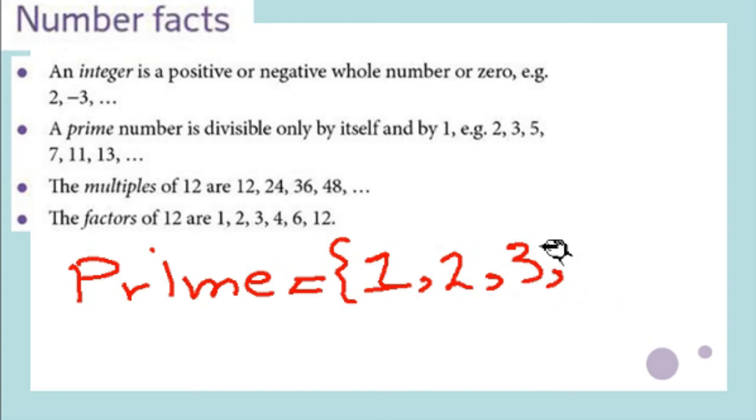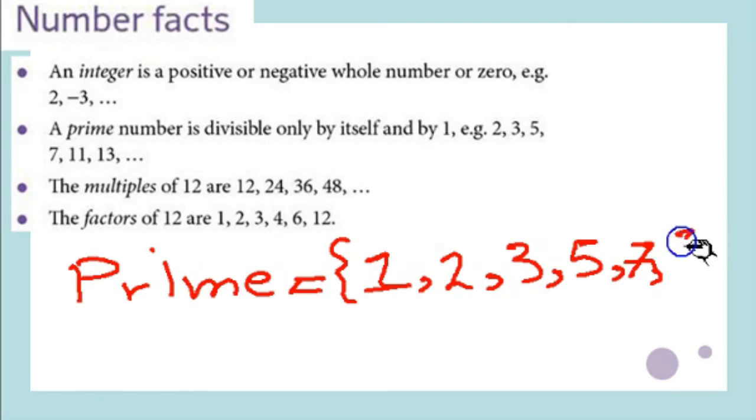4? No. 4 is divisible by 4, by 2, by 1, so that's three things. It doesn't work. Again, number 5. Yes, 5 is divisible by 1 and by 5. 6? Impossible, because 6 is divisible by 6, 3, 2, and 1. 7? Yes. 8? No. 8 is divisible by 8, 4, 2, and so on.